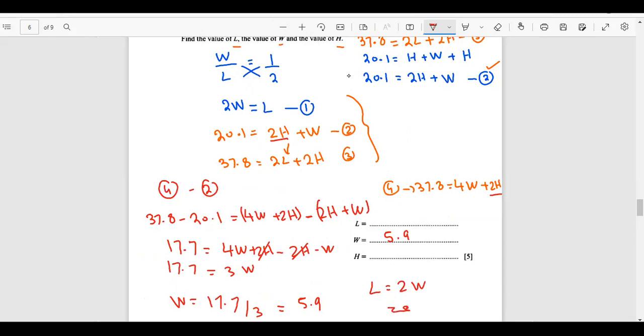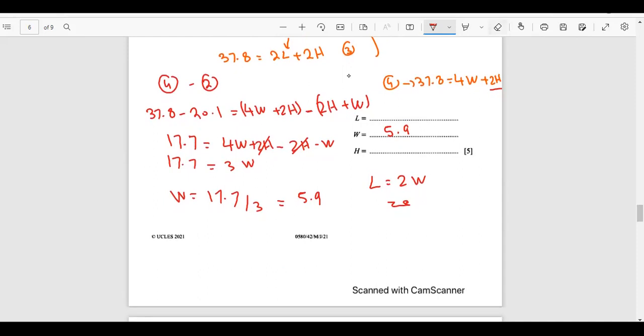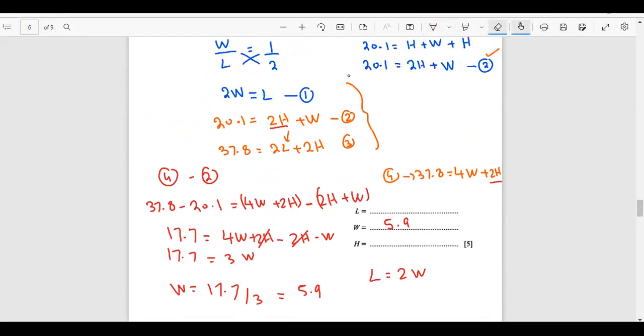Can you guys please find the values of L and H quickly? I would want you guys to participate as well. So L would turn out to be 11.8, okay? And I would want the value of H. Yes, very good, Turhan.